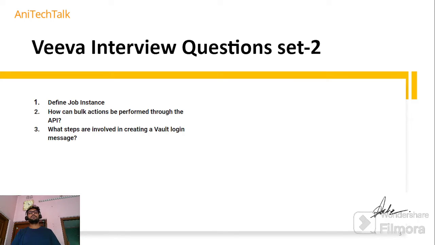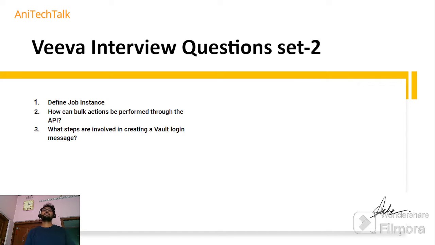And now the next question is: how can a bulk action be performed through API? You are aware of performing bulk actions through the Veeva Vault UI, right? But you are not sure how that can be performed through API. So let's say a request comes in to add multiple users to a particular role, let's say IT Support is a role, and you need to add a bunch of users to that role.